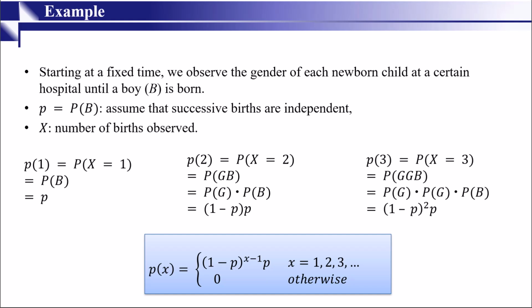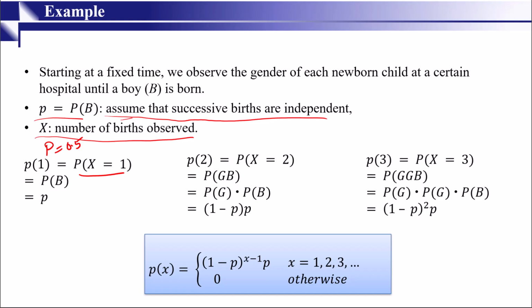Suppose we observe births until a boy is born, right? X here is the number of births observed, and we assume that the successive births are independent. You know that we have two possibilities, girl or boy, right? So the probability here is equal to 0.5, 1 by 2.